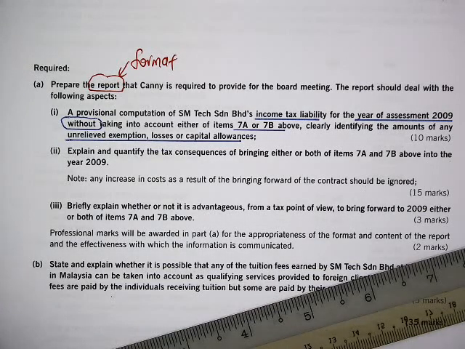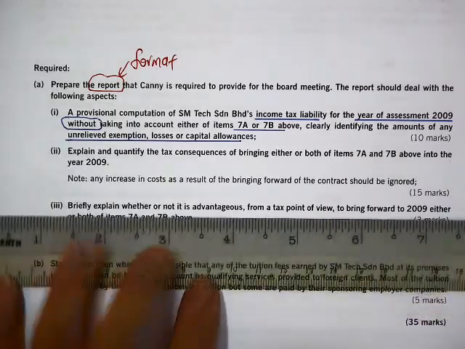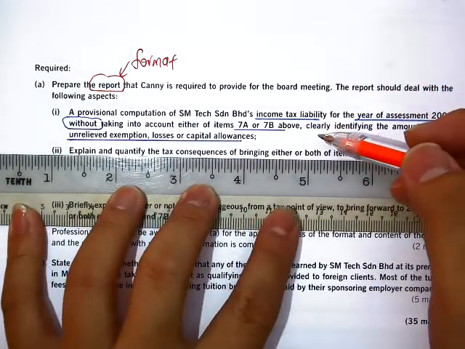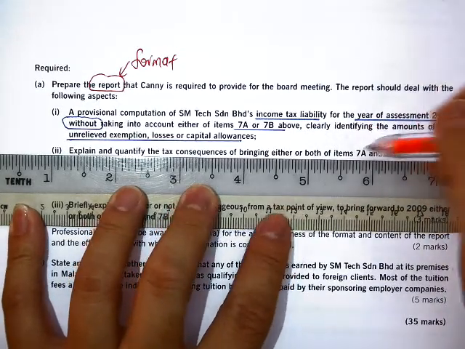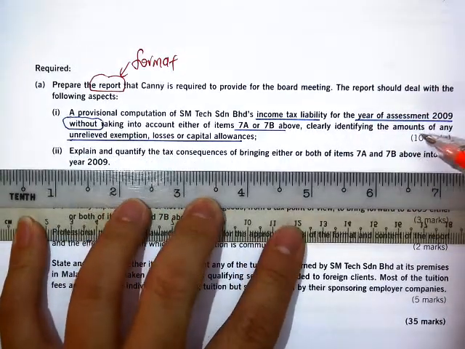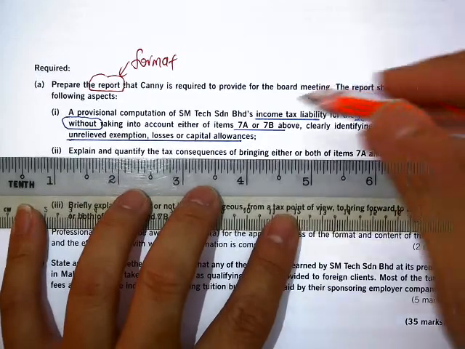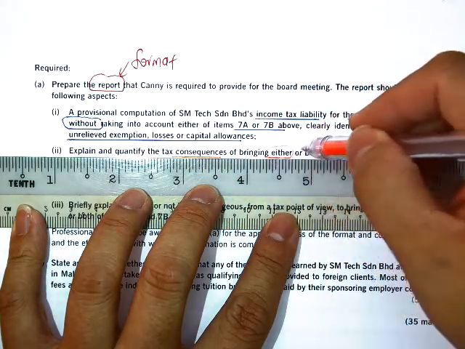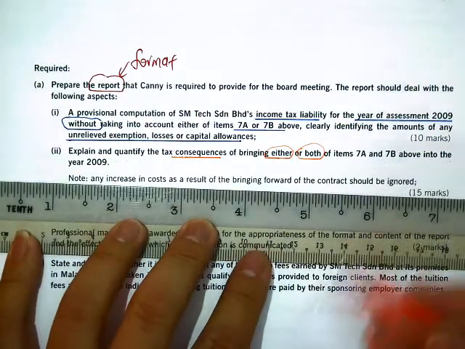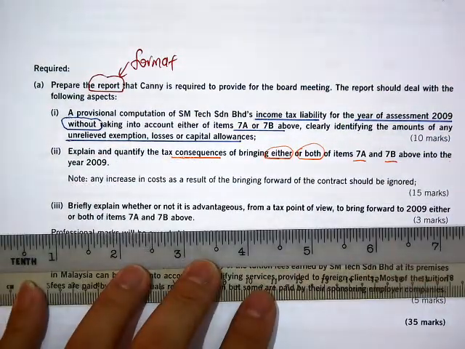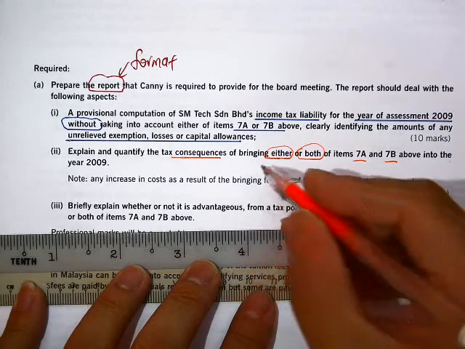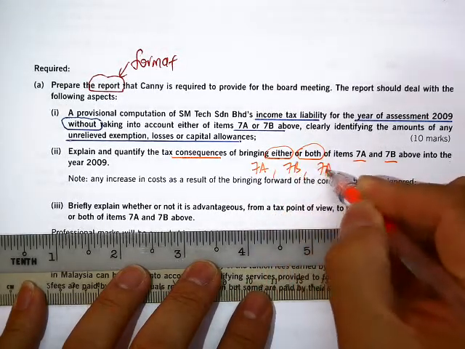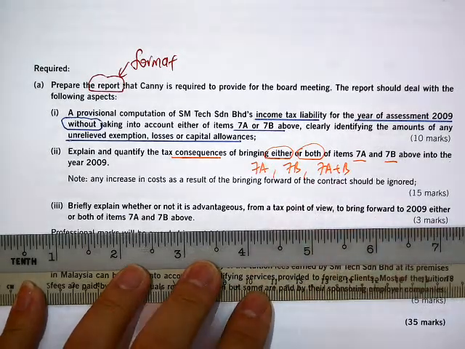Now explain and quantify the tax consequences of bringing either or both items 7A and B into year 2009. Meaning you have A, B, A and B, right?